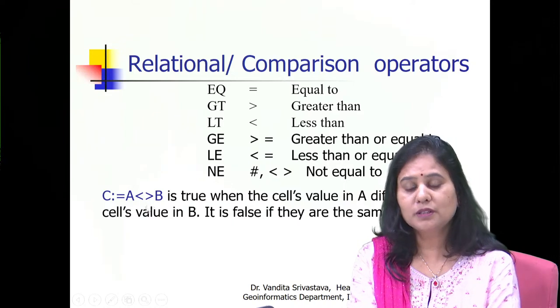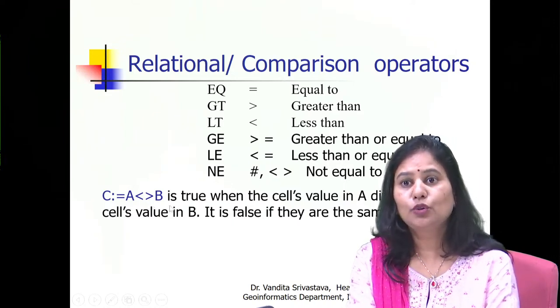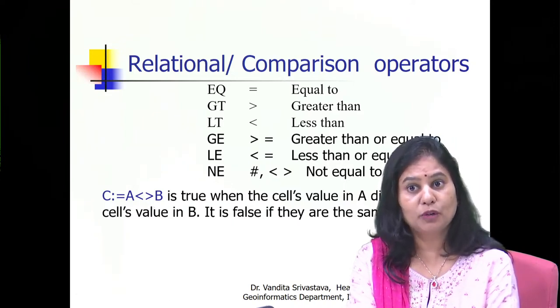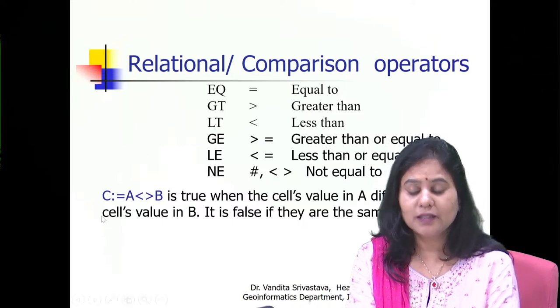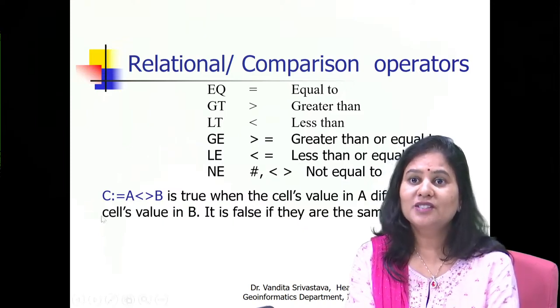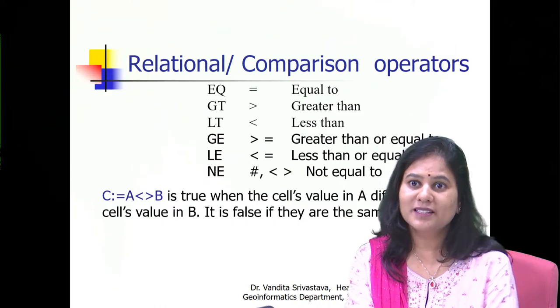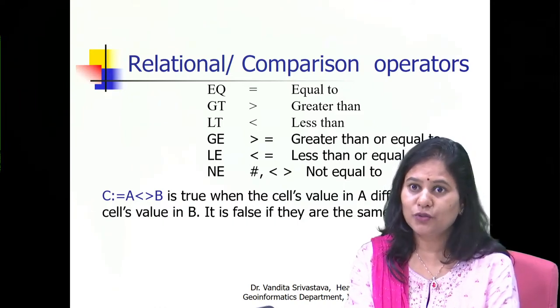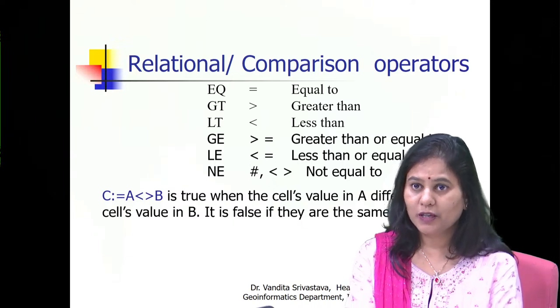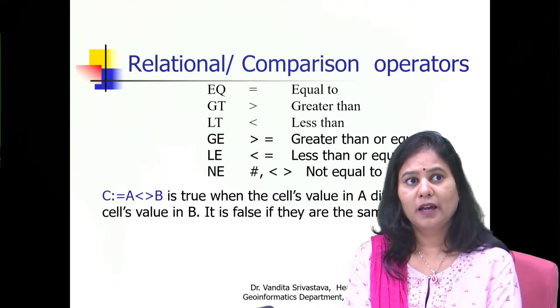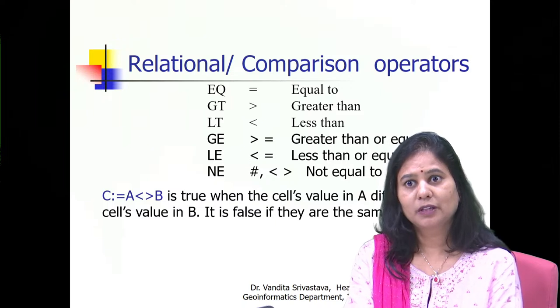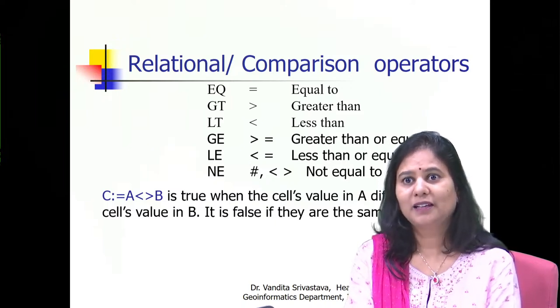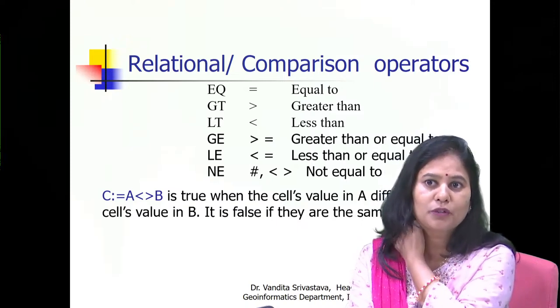Now if I use A and B as two maps of the same area but of different times, then C is going to reveal the changes that have happened, or the differences between A and B. Suppose we are talking about a land use land cover map of any area, and we take A as, let us say, the land use map of 2010 and B as the land use map of 2020.